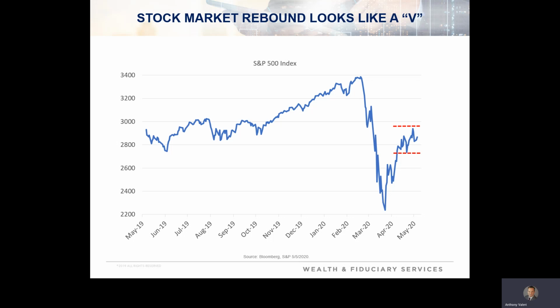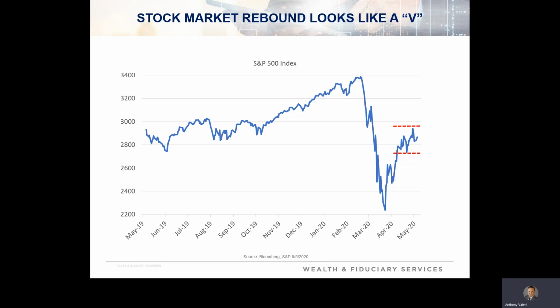There are two red dashed lines there, however, and that shows that the market's been a little bit range bound here over the past couple weeks, right around that 2,800 level, which interestingly enough corresponds to about the 50% retracement level from the March 23 lows, and that historically has been a level that has created some congestion, some consolidation as the market begins to assess, takes out the worst case scenario.